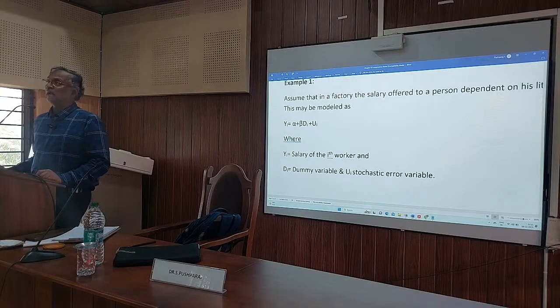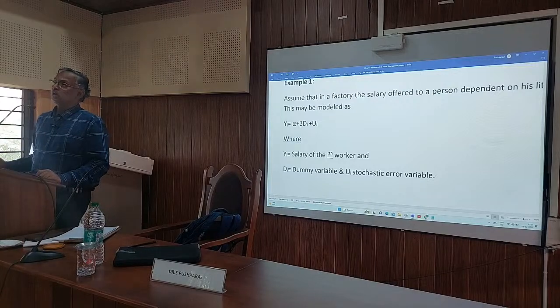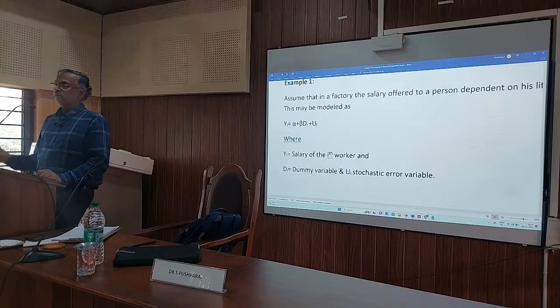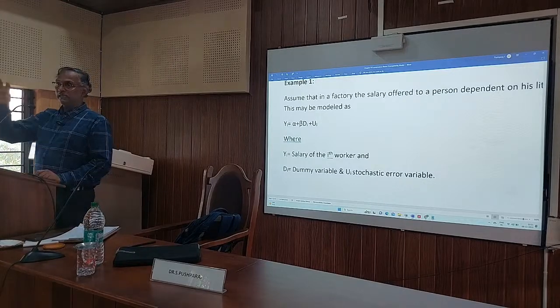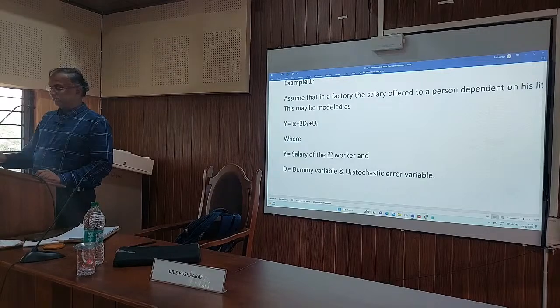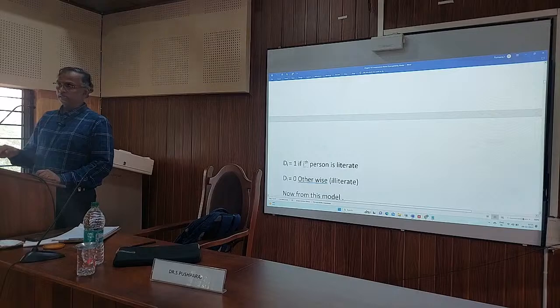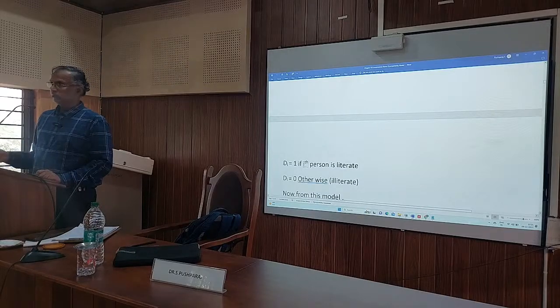What would the alpha indicate? Alpha would indicate the average of the left out category, right? Let us take this case. We have 2 categories here, illiterates and literates. The dummy indicates the literates category. If it is 1, literate, otherwise 0, right?